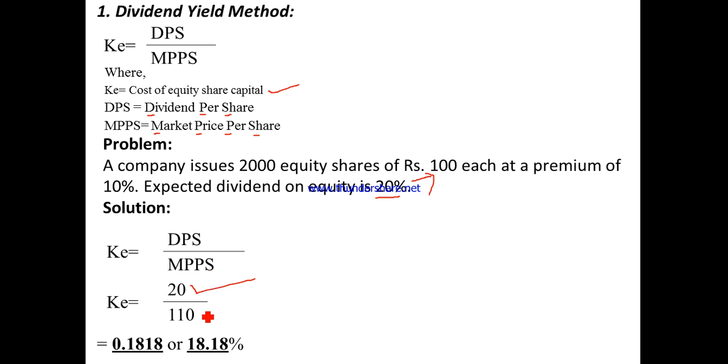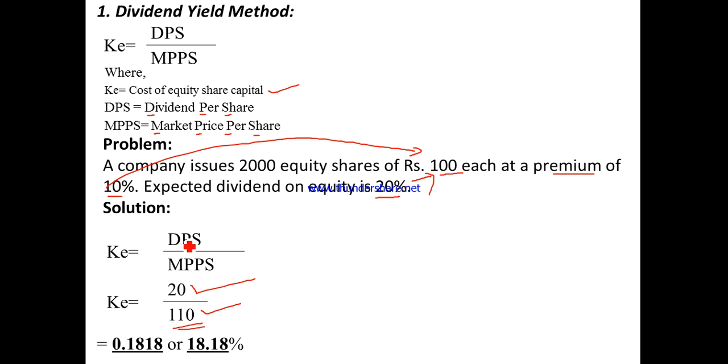MPPS, market price per share. See, 100 rupees is the face value, and the premium is 10%. So 10% on this 100 is 10 rupees. Therefore 100 plus 10 becomes 110.